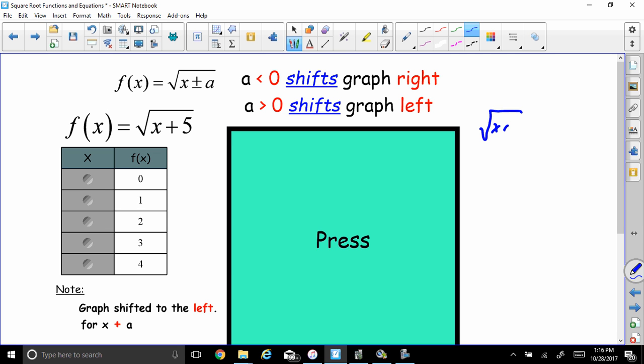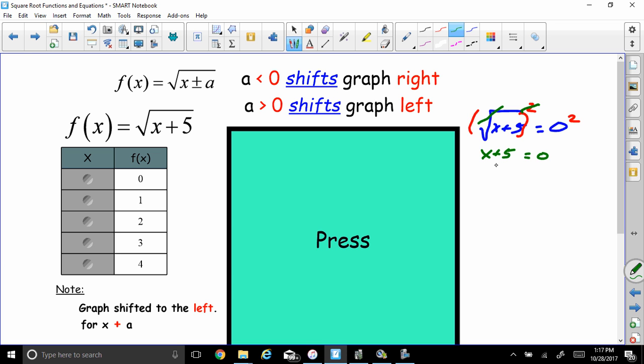The square root of x plus 5 is our function and equal to 0. So I want to set it equal to 0 so I can solve it. If you remember how we did it, we square both sides. That way we can get rid of the radical sign, and the square root and the 2 cancel out, giving us x plus 5 equals 0.